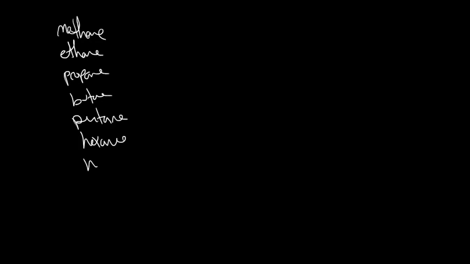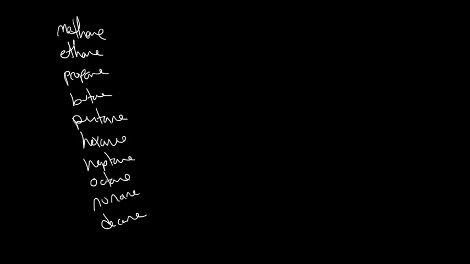We had methane, ethane, propane, butane, pentane, hexane, heptane, octane, nonane, and decane. Right, so these are prefixes. These are names that you need to be familiar with and comfortable with.